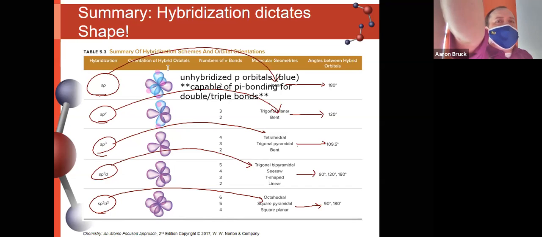A second set of p orbitals interacts with another p orbital on the other oxygen to create the other pi bond to make the double bond on the other side of the molecule. When we see pi bonding, it is the result of those unhybridized orbitals interacting with each other.